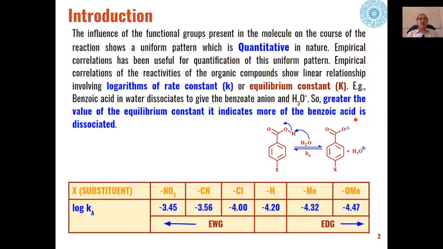We know that the functional group present in an organic molecule influences the rate of the reaction, and this influence has been found to be in a uniform pattern, and this pattern has been shown to be quantitative in nature. So we can measure this pattern of influence in case of functional group present in the molecules.